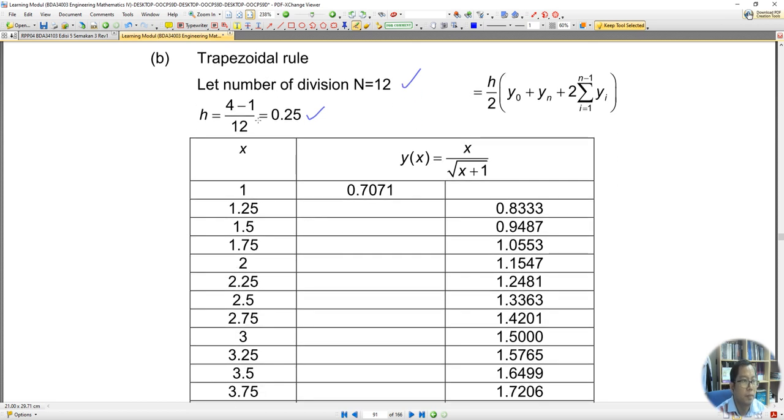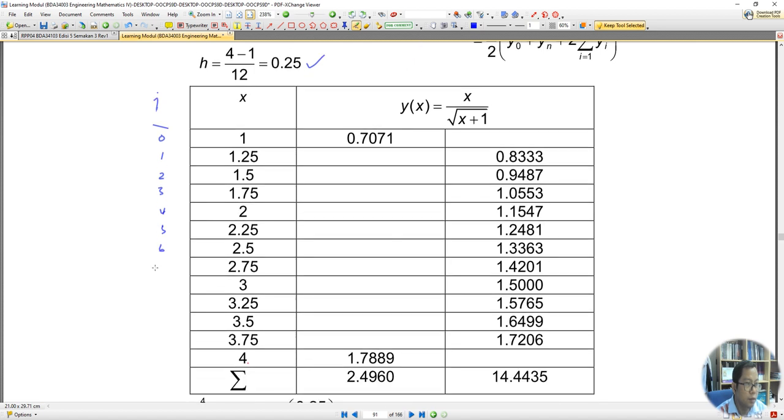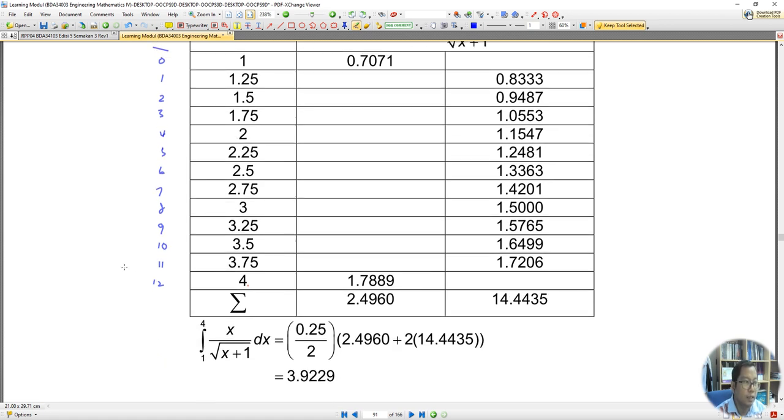You put i from 0, 1, 2, 3, 4, 5, 6, 7, 8, 9, 10, 11 and 12. For rectangular, the iteration is until 11, but for the trapezoidal it is until 12.